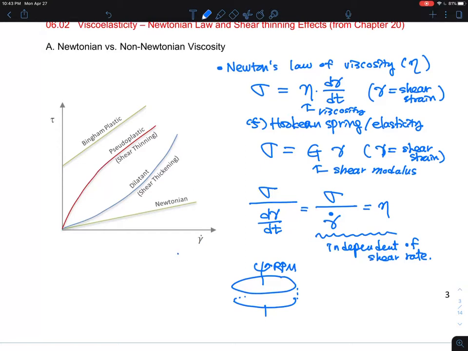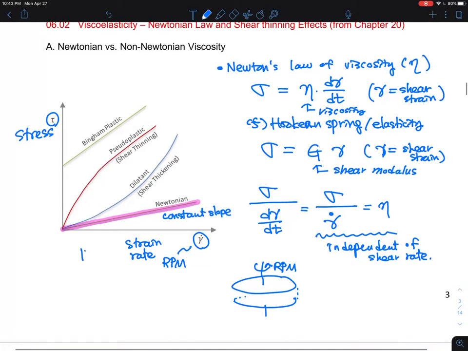So this is essentially rotation per minute, how fast you are rotating, and this plot shows the stress. Different people use different notation, and this is the strain rate, and they're trying to show Newton's law. It is a constant slope, right? Constant slope.